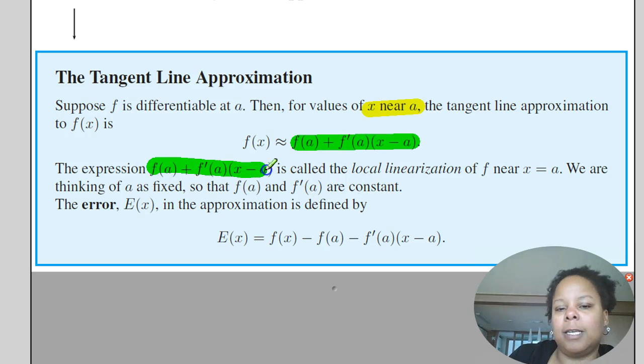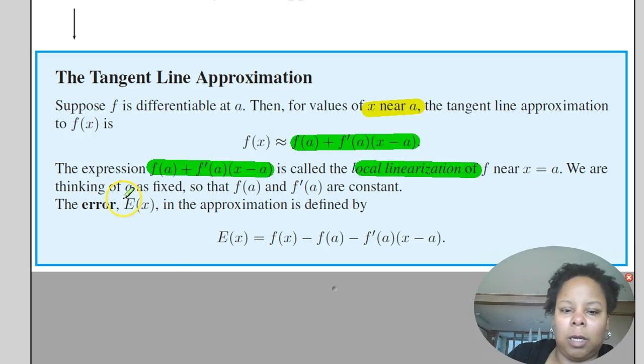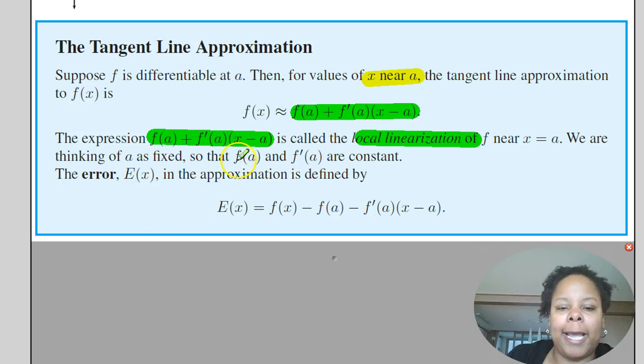So this is the local linearization of f, where a comma f of a is constant, as well as f prime of a. Now the error in the approximation is the difference between the actual value and the approximation value.